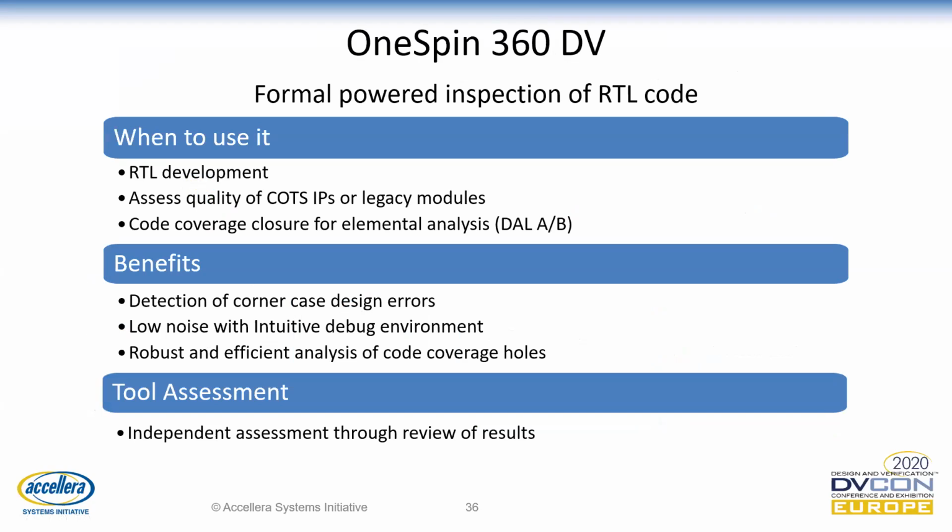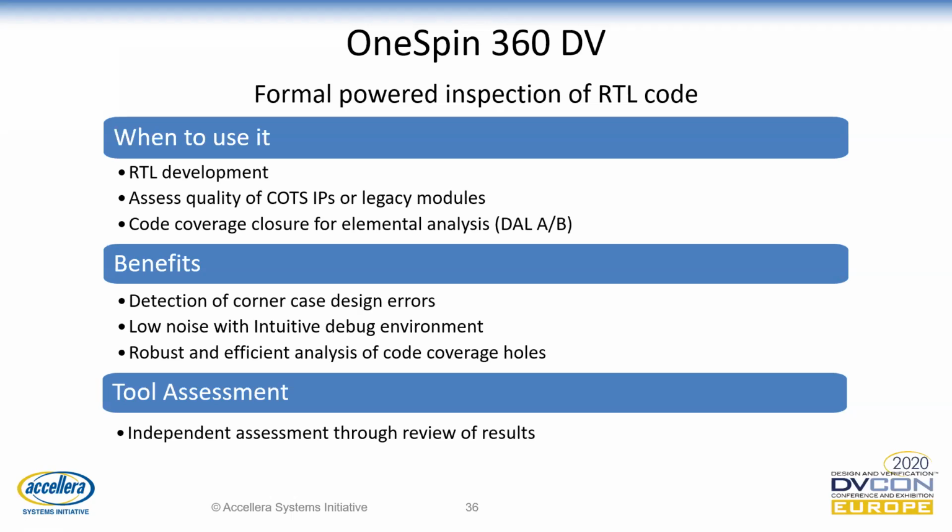So OneSpin 360 DV is used during RTL development, to assess the quality of COTS IPs or legacy modules, and for code coverage closure for element analysis when going into DO-254.